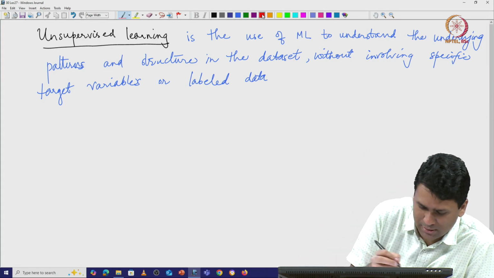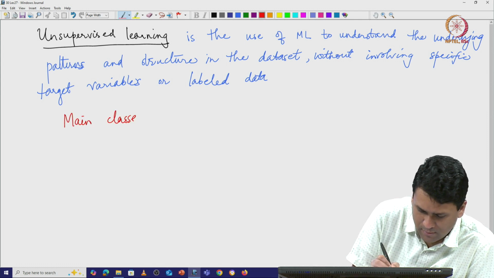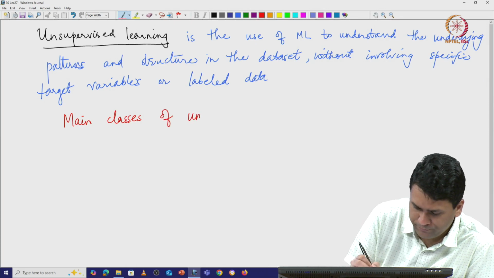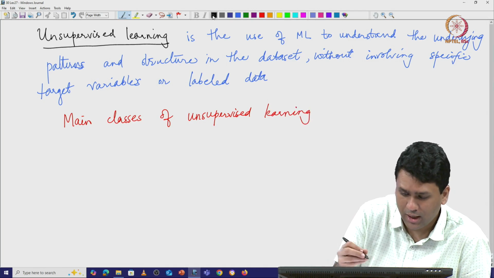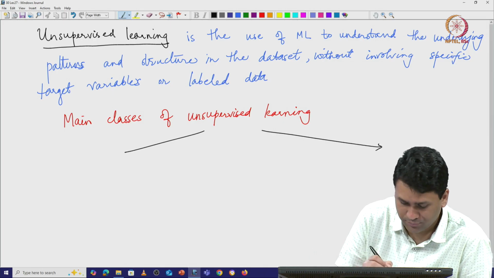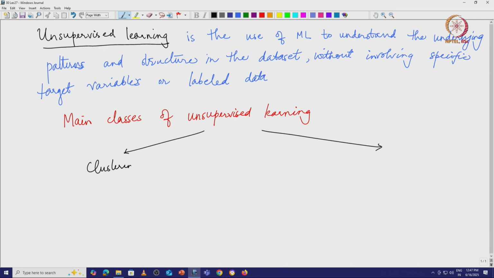So, if you look at the main classes of algorithms, they are of two types, and one of them is basically clustering, the other is dimensionality reduction. Okay.